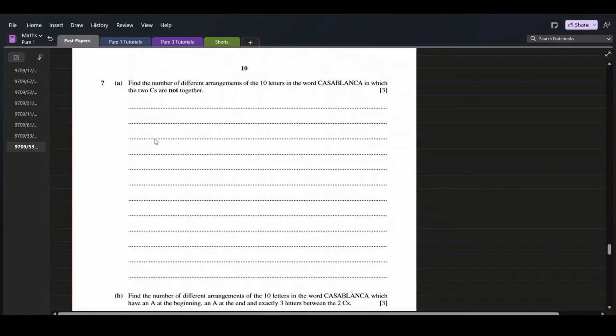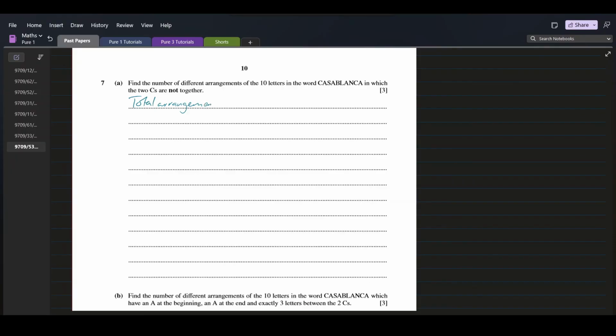Number 7, part A. Find the number of different arrangements of the 10 letters in the word Casablanca in which the two C's are not together. Okay, so what we can do to get that is we can say the total arrangements when there are no restrictions, minus the arrangements in which the C's are together.